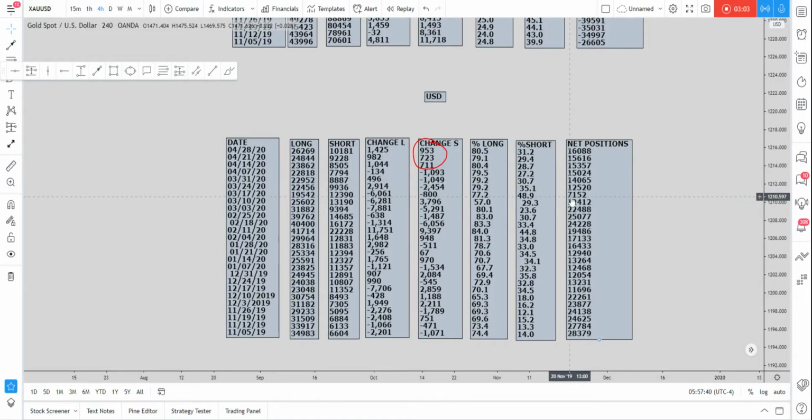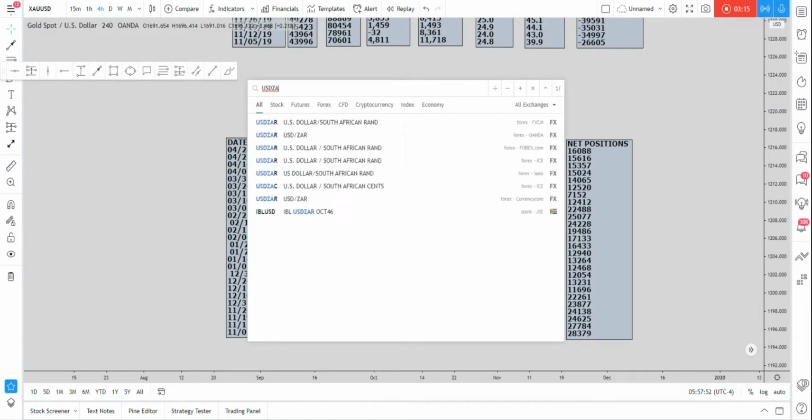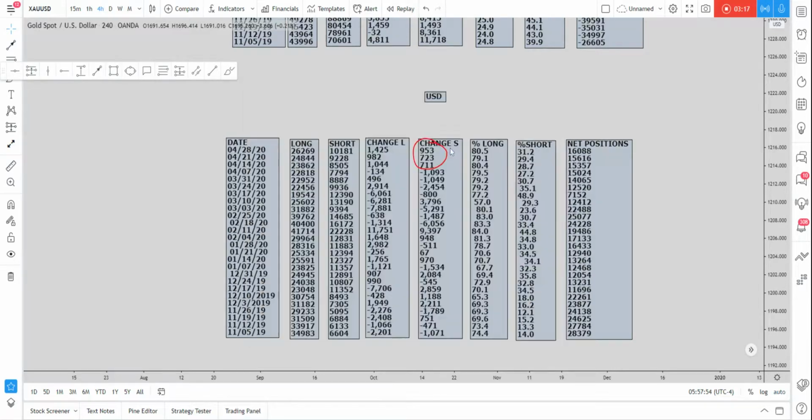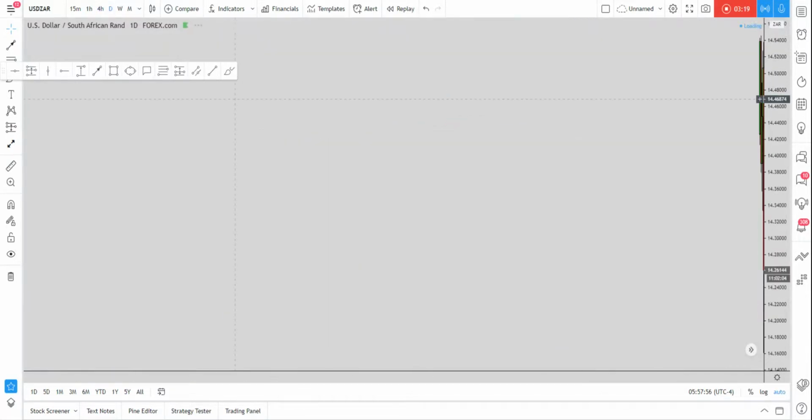Okay, that is clear. We went from 7k, we're now at 16k, so still increasing. US dollar is still quite strong. However, the ZAR should get strong as well, making it possible for USD ZAR to make the move to the downside that we want to see.